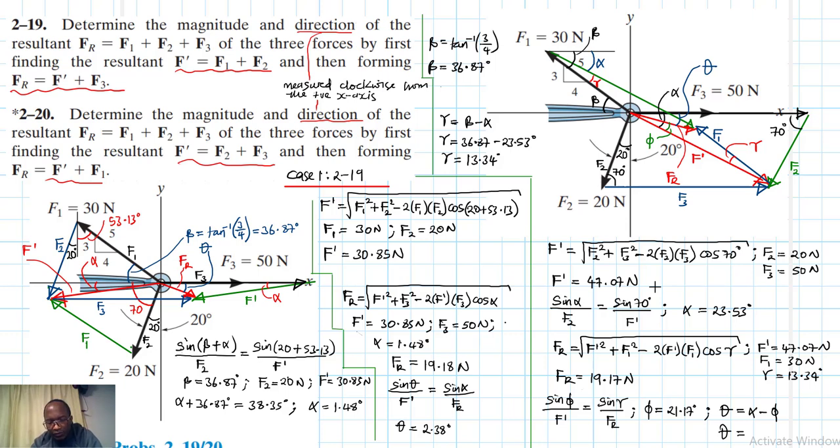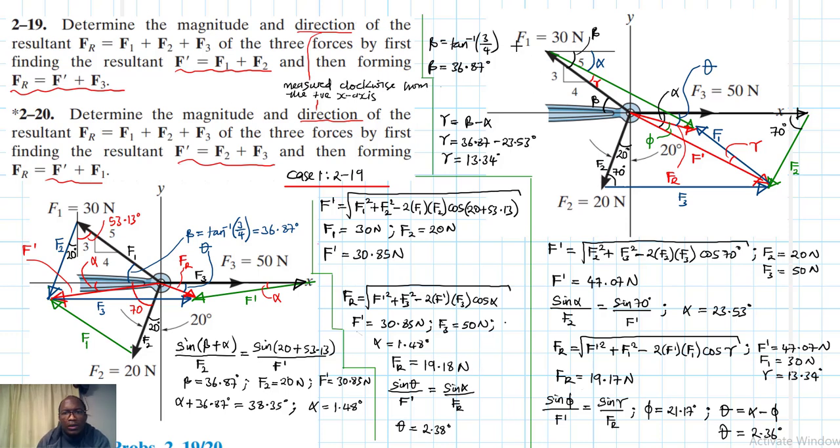So we have 23.53 minus 21.17, which gives us 2.36. Great. Again, this is lower than that because of issues of rounding off.